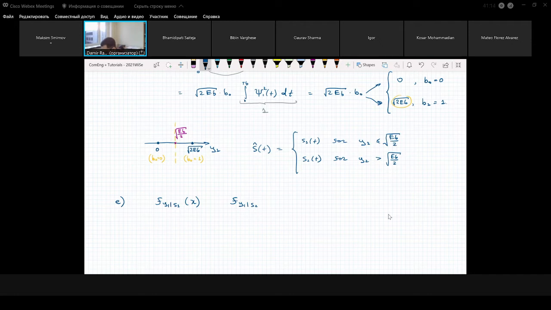If we transmit S2, how will y1 look? What will be the distribution of y1? So now we need to specify these two conditional probability density functions.